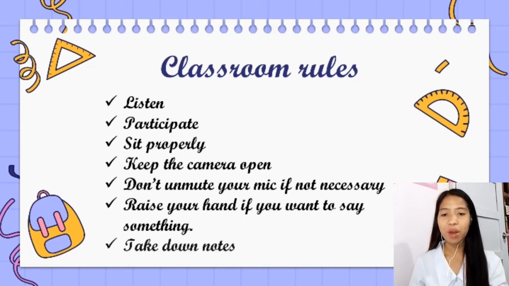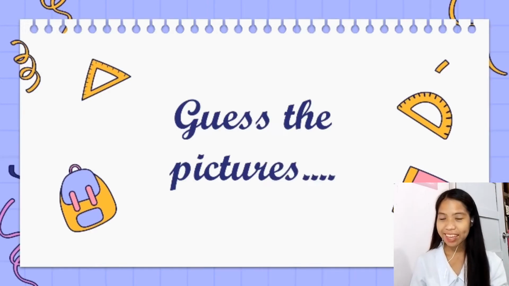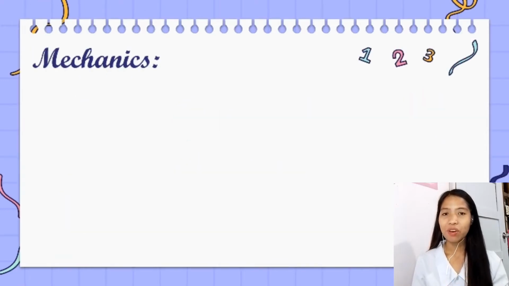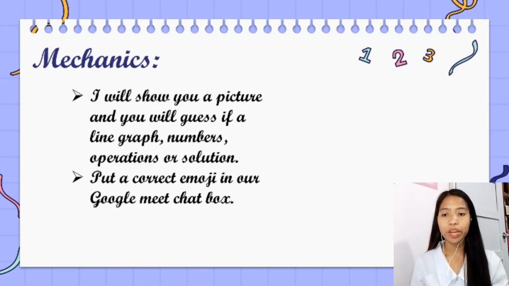The title of our game is Guess the Picture. So, are you ready, my dear grade 5 students? Okay, let's begin. The mechanics of our game are: I will show you a picture and you will guess if it is a line graph, numbers, operation, or solution. Next, put the correct emoji in our Google Meet chat box.